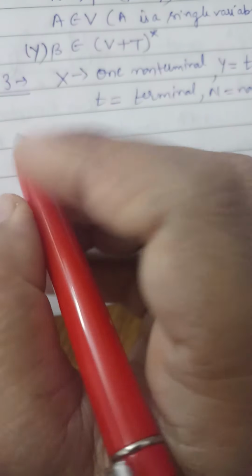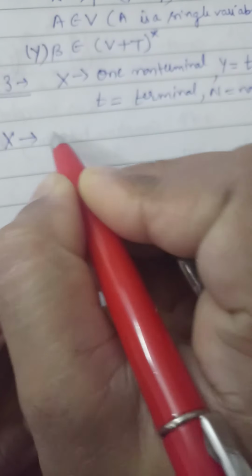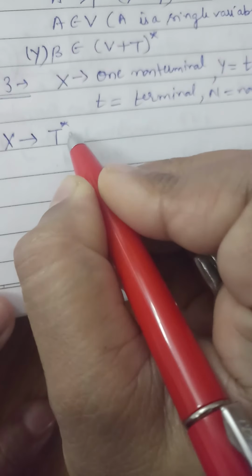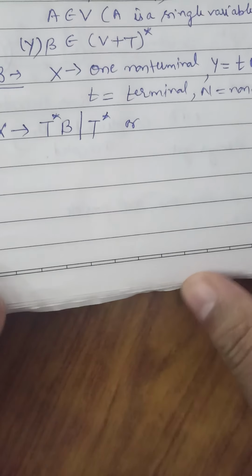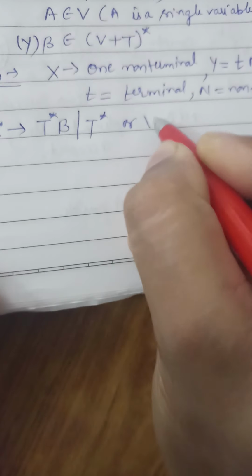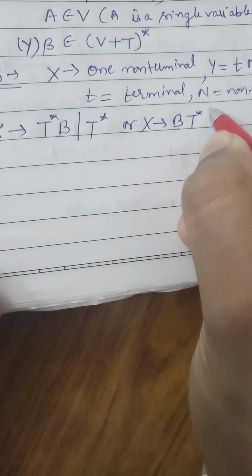So how can we write it here? We can write like this: x tends to terminal star followed by variable, or x tends to variable followed by terminal star, or terminal star.